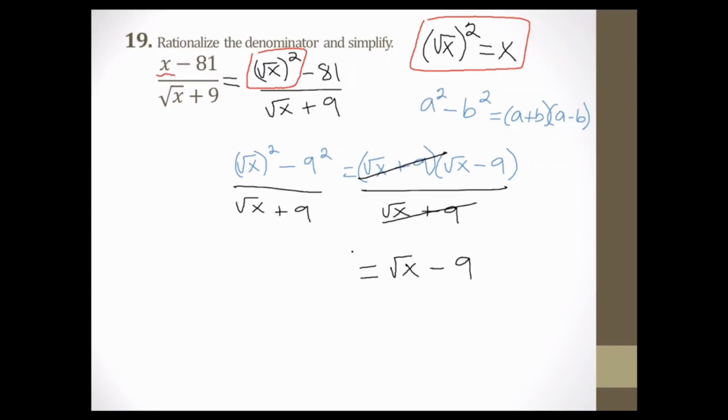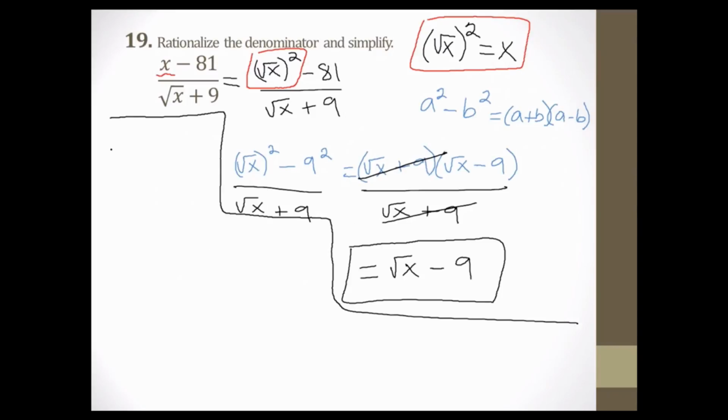Now, I know this is not the typical way that you would solve these types of rationalized denominator problems, and we're going to look at the other way, but for the purpose of solving the problem, I did want to show you that you could use this factor pattern because of the way it's set up. You have 81, you've got 9, you can change x to the square root of x squared to help you eventually cancel out. But this is your final answer here.